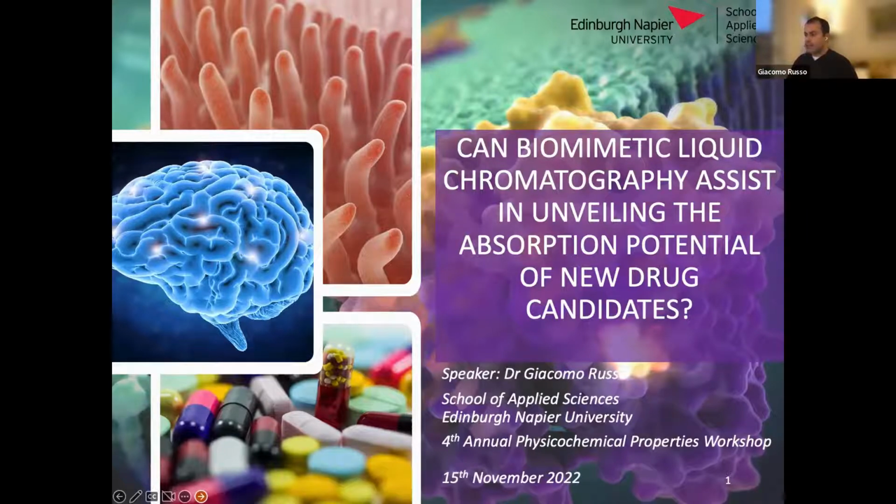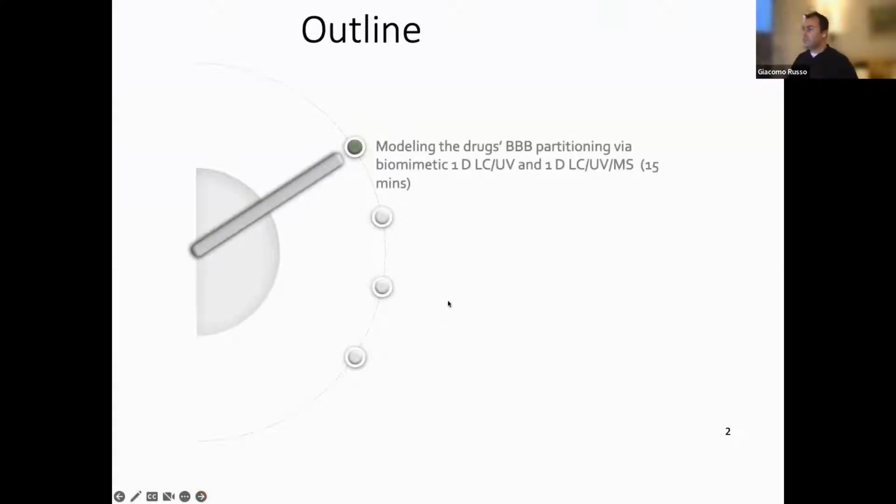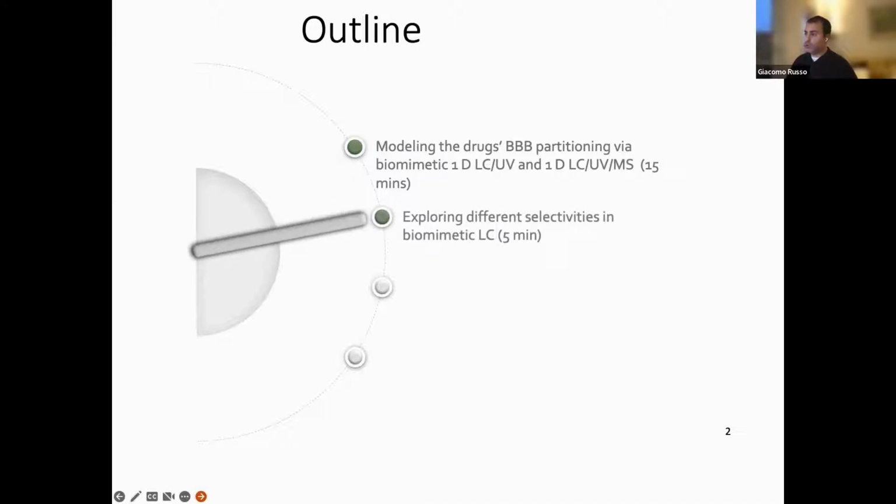So let's look a little bit at the outline for today's talk. I will delve into the modeling of the drug's blood-brain barrier partitioning using a combination of biomimetic monodimensional liquid chromatography tandem UV or tandem UV MS. We will explore, albeit quickly, different selectivities in biomimetic liquid chromatography.